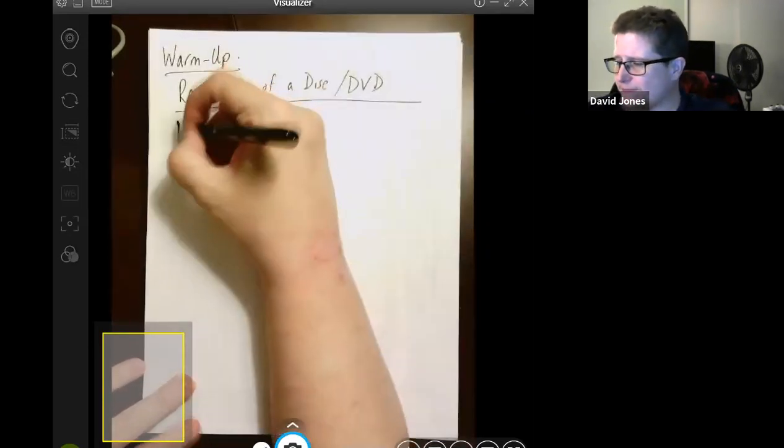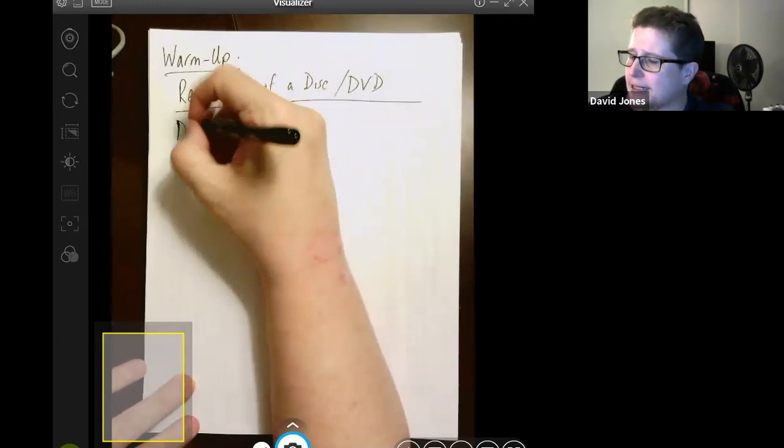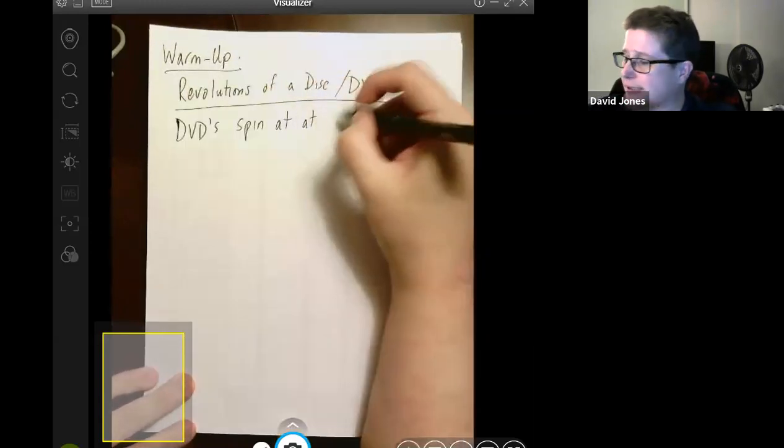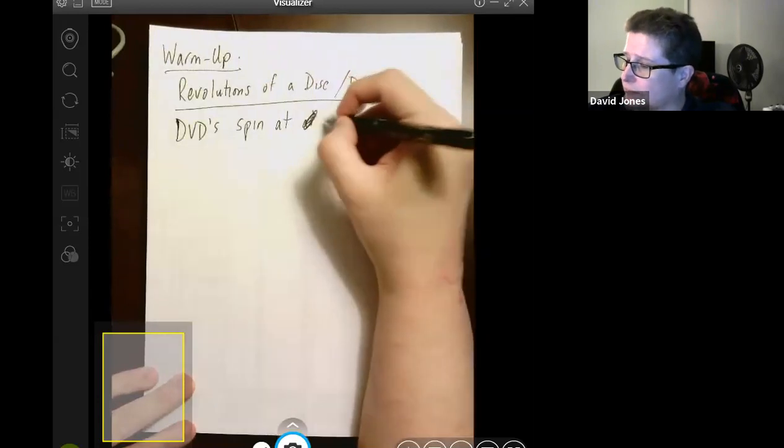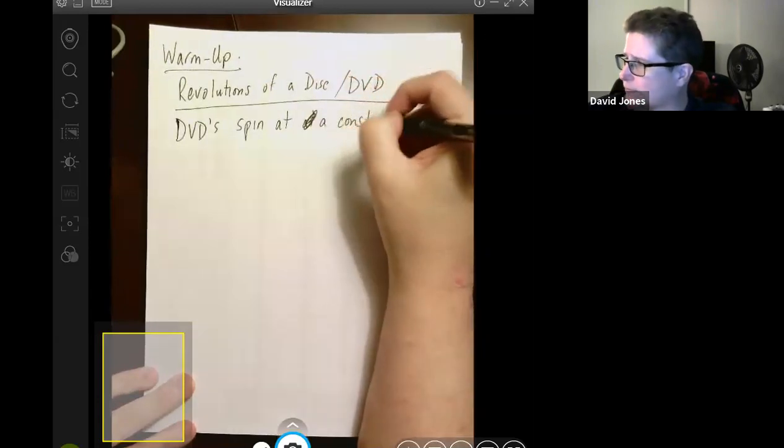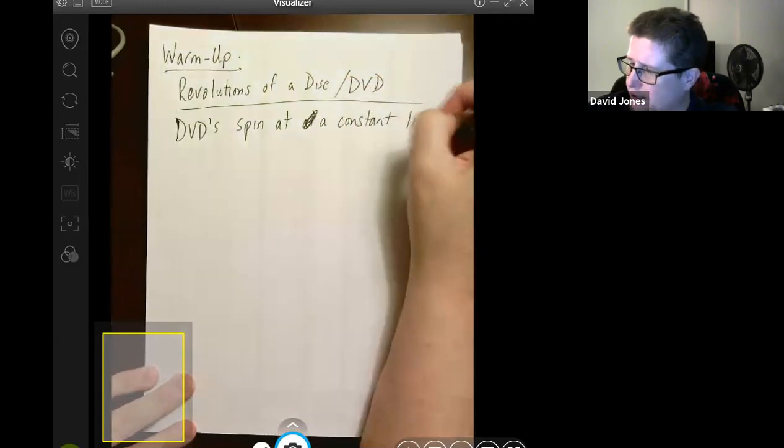So some fun information. DVDs spin at a constant linear speed, linear rate.